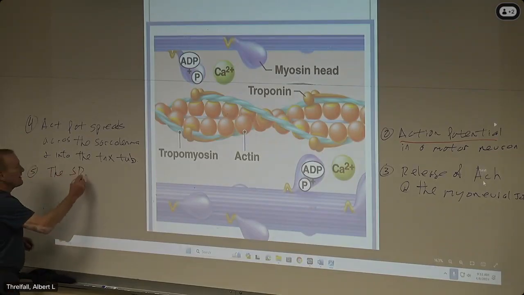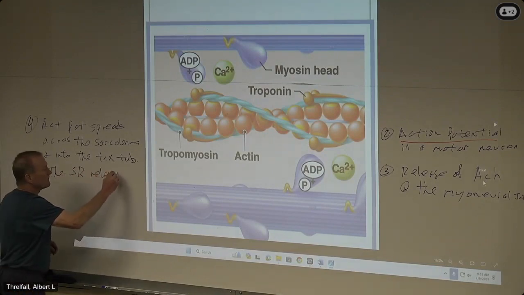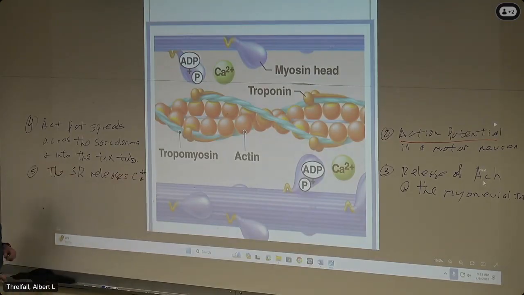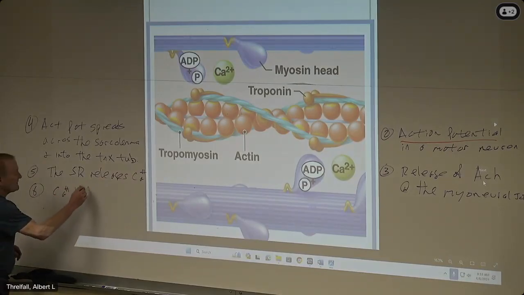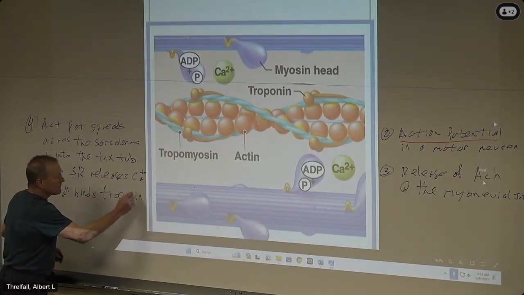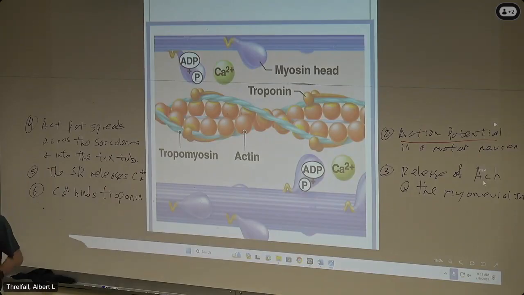The sarcoplasmic reticulum releases calcium. Calcium binds troponin. Finally, we get to change pictures.